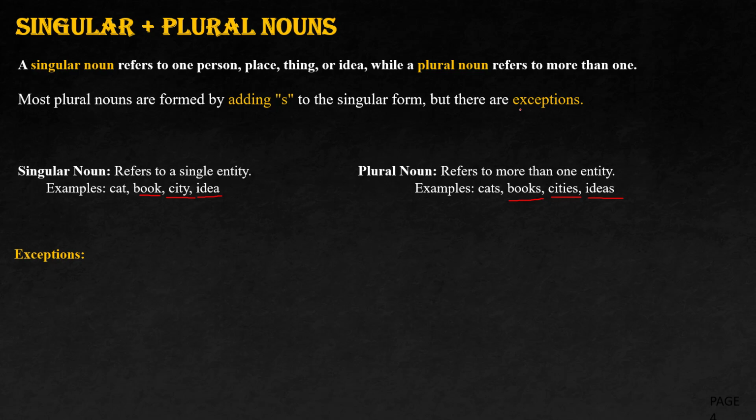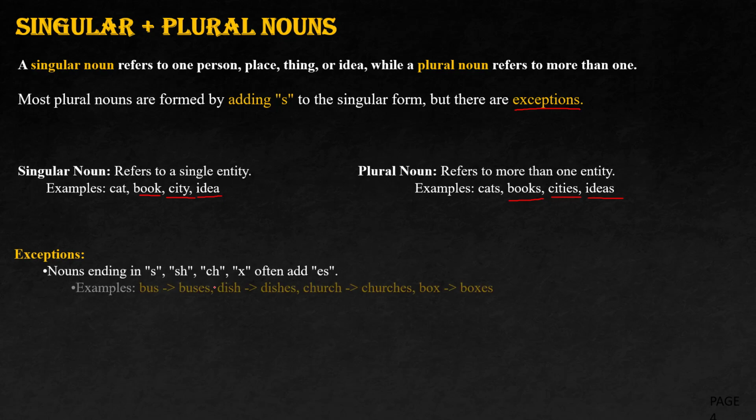Now, when it comes to exceptions, nouns ending in s, sh, ch, x often add es at the end for the plural. Example, bus.